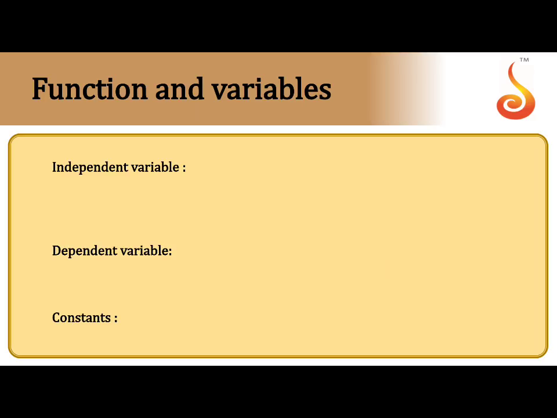In the equations that we discussed in the previous slide, there are certain terms in the equation called as independent variables. Their value will not change with other parameters, they change by themselves. Such quantities are called as independent variables. Some terms in the equation change with the change in the value of other terms.